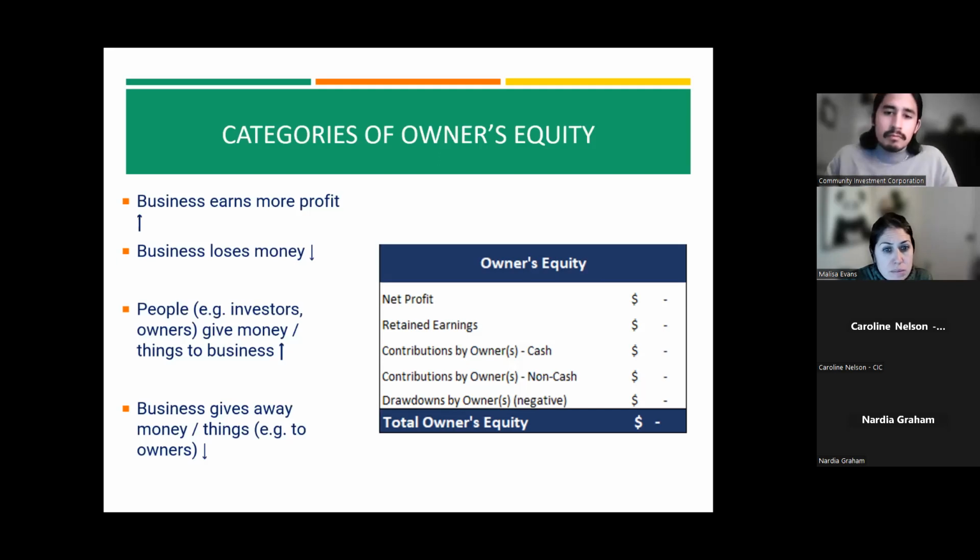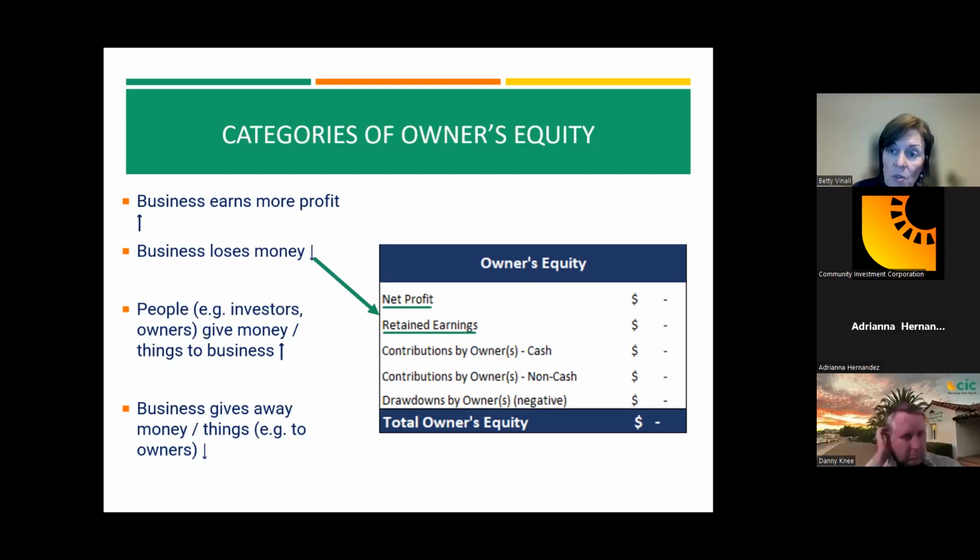And then the drawdown by owners would be money that you take out of the business as the business does well. That's a way of paying yourself. So when the business earns more profit or loses money, then the effect is on the net profit and the retained earnings.